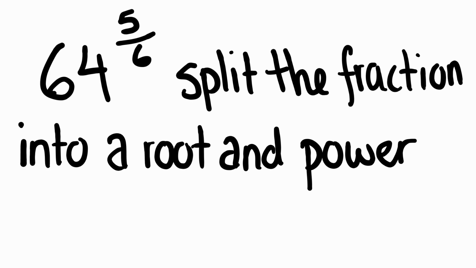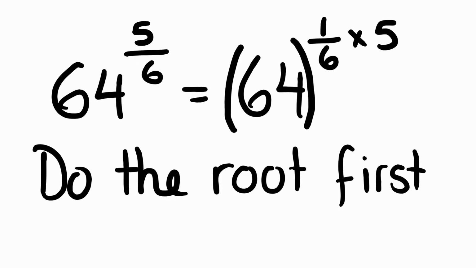Now the last and final rule you need to know is the two-stage fractional powers. So if we have something like this, 64 to the power of 5 over 6, we split the fraction into a root and power. So what I'm saying is that 64 to the power of 5 over 6 is the same thing as 64, and then the power is 1 over 6, times by 5, like that. And the first thing we need to do is do the root first.